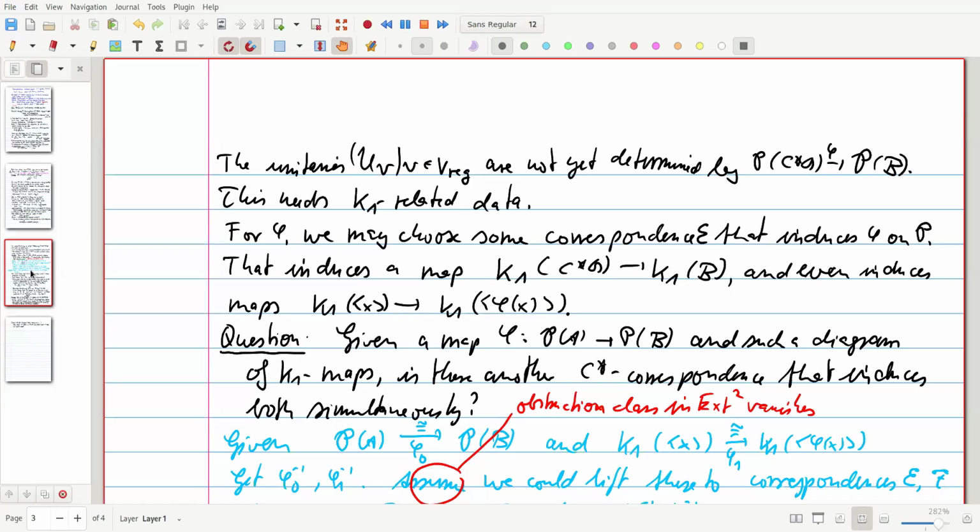And then my first step was to realize the map on K0 plus by a correspondence, and then try to change the correspondence by fixing these unitaries in a different way so that the map on K1 is also the one that you want to reach. And this obstruction class was the obstruction to being able to do this.